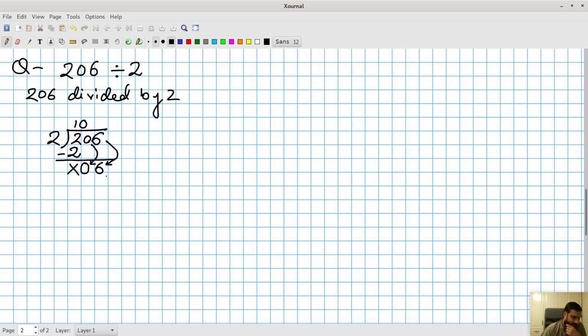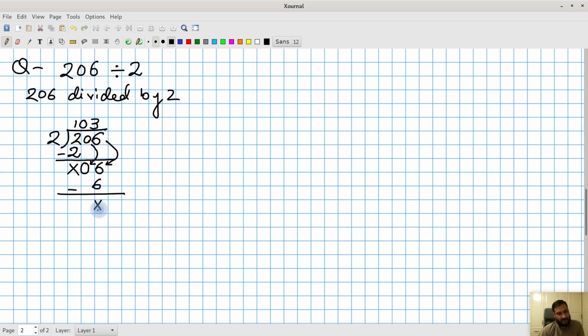So this is required. It is read as 6. And let's check 2's table. So 2 1's are 2, 2 2's are 4, 2 3's are 6. Very good. So what we can do is we can say 2 3's are 6. And we subtract it. 6 minus 6 is nothing, and this was just 0, so it doesn't matter.